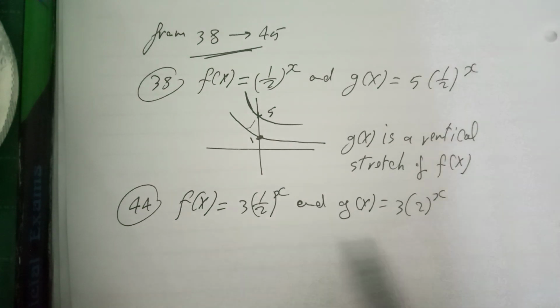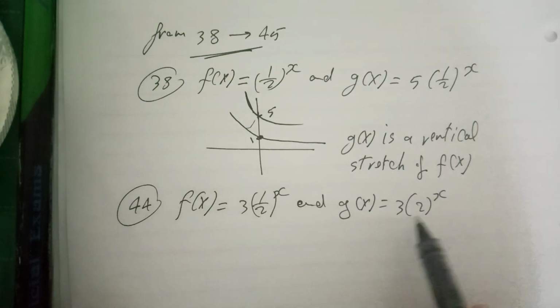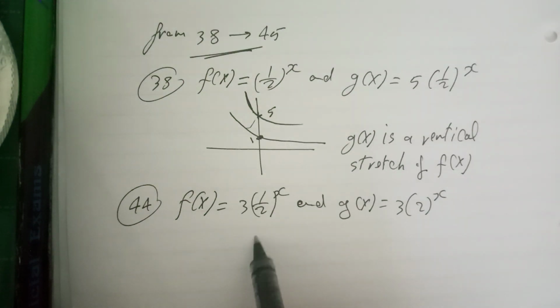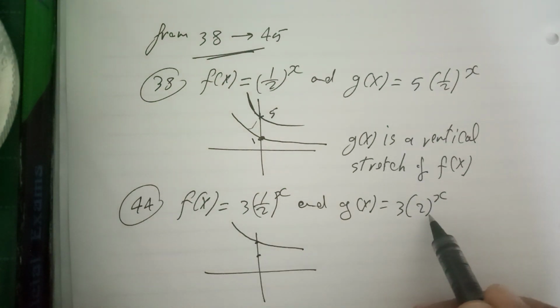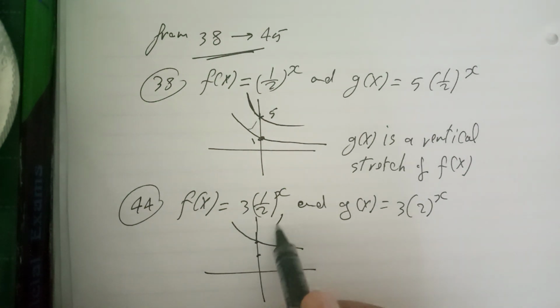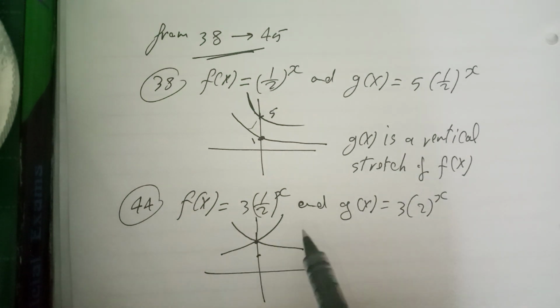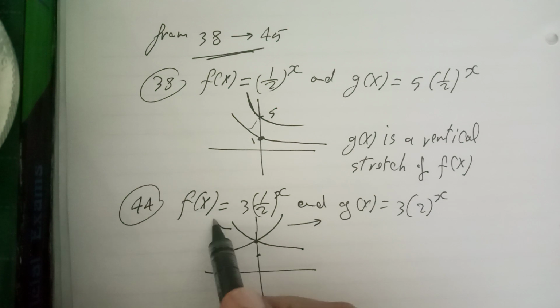So this is growth and this is decay, and the 3 stretches the curve up. So in this one, the decay will be like this, but stretch it up, it will be at 3 instead of 1. And this is the same, but it's a growth. Okay, so this is this one and this is this one.